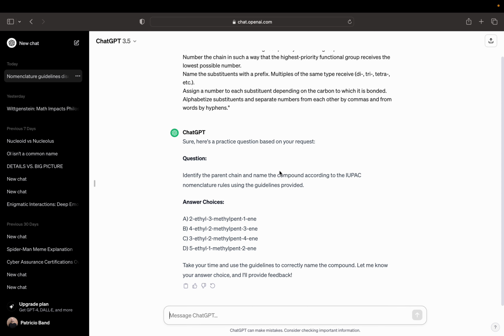So this is our practice question. Identify the parent chain and name the compound according to the IUPAC.